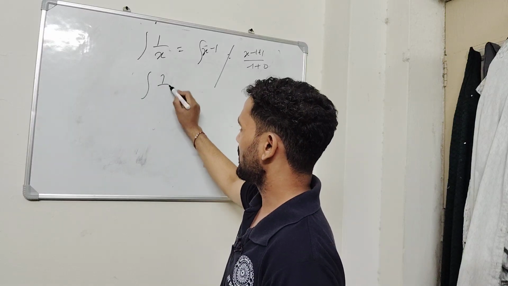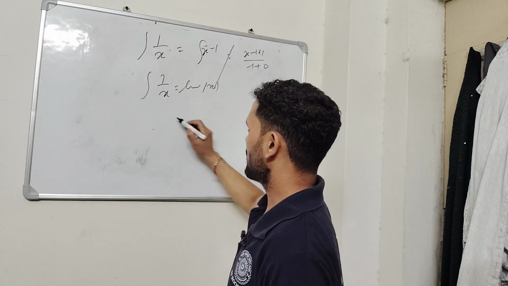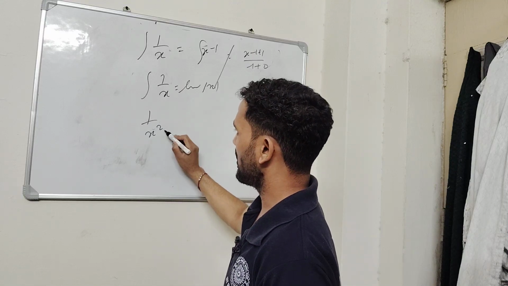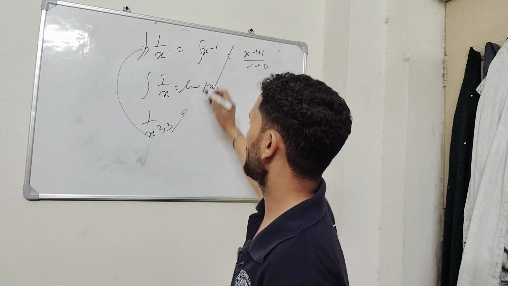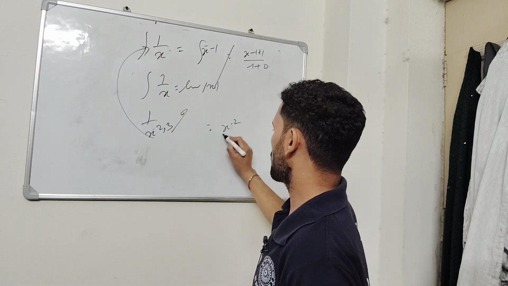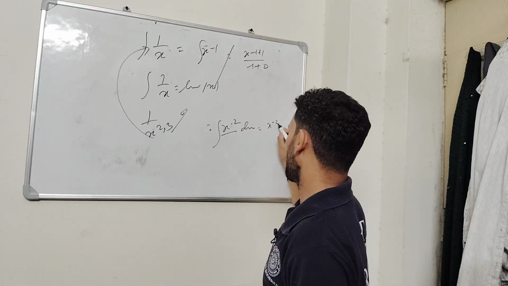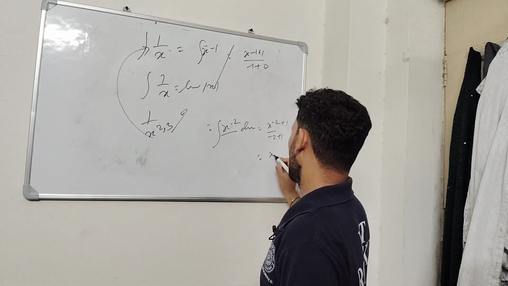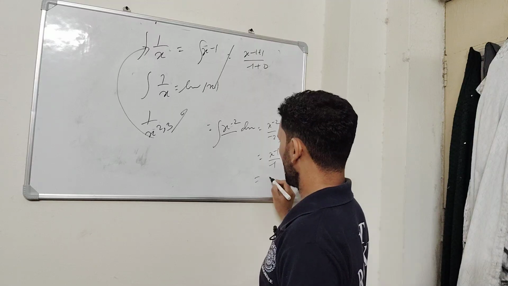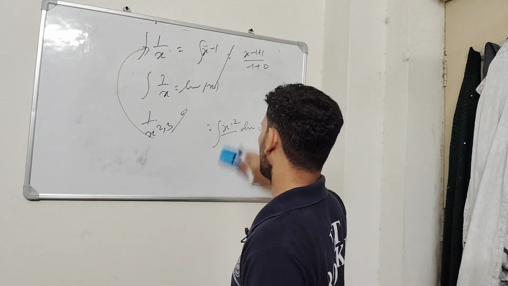So it is a standard formula, which is ln x. But when it is x square or x cube, then we can use this format, right? So x power minus 2 dx is equal to x power (minus 2 plus 1), which is simply minus 1 upon minus 1. So this is our integration, right?